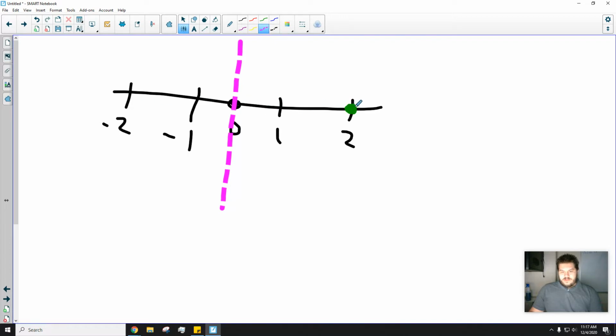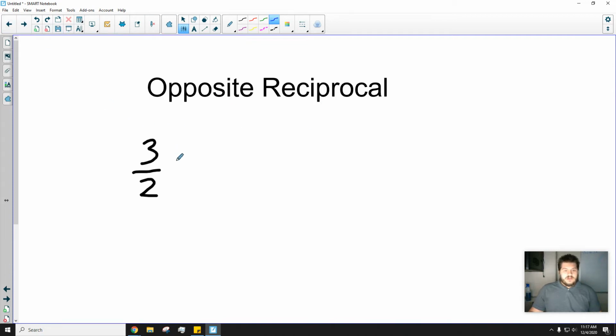If I went from 0 to 2, I went 2 to the right, or 2 positive. But then if I were to want to know the opposite, I would go 2 to the left, or negative, and that would be -2. It's the same number, just one's positive and one's negative. So here, opposite means that since this is a positive 3/2, the opposite of 3/2 is negative 3/2.